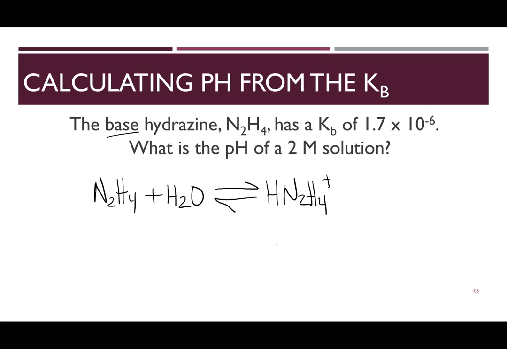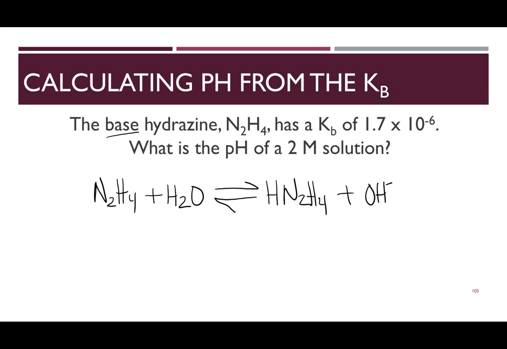So you could write it like this, or you could add the hydrogen in with the other ones. However you want to write it out, that's up to you. Or you could use the generic one that we used in the last problem. All right, so if this is our base, this is our proton acceptor. That means water is acting as a proton donor. So if it gives away one of its hydrogens, it's going to be left as just hydroxide.